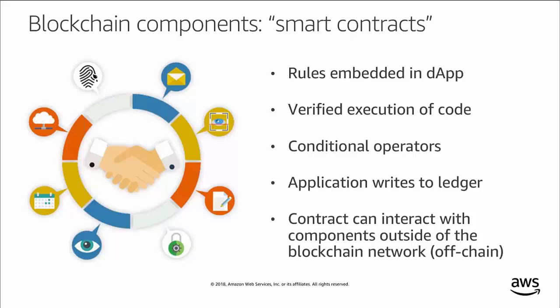Smart contracts can also interact with components outside of the blockchain network, and there's a lot of interesting work being done in how to create smart contracts and enable more things they can do. They can interact with IoT devices and other storage systems. You might not want to store an entire object or PII information on the blockchain, so this contract can store a hash of that and a pointer to where the object is, store that metadata on the blockchain, and then when you retrieve the object, it can check against it to make sure that nothing has changed.